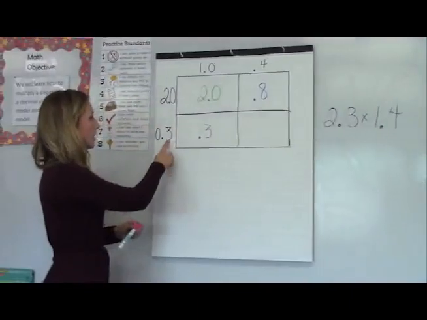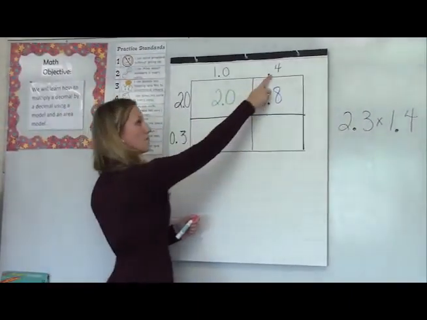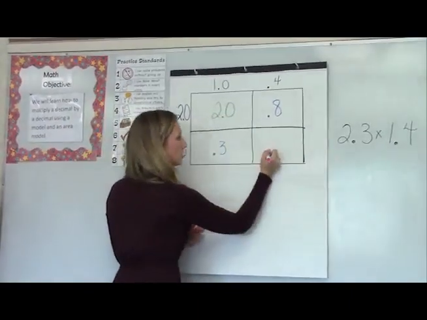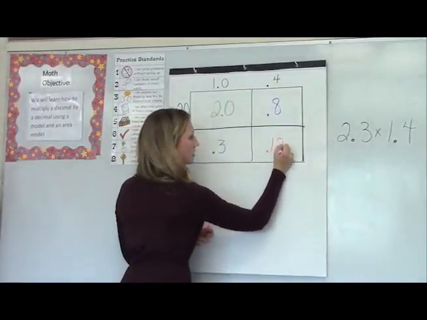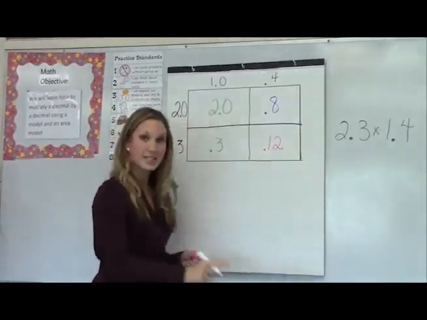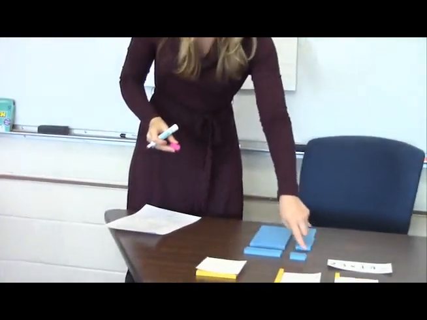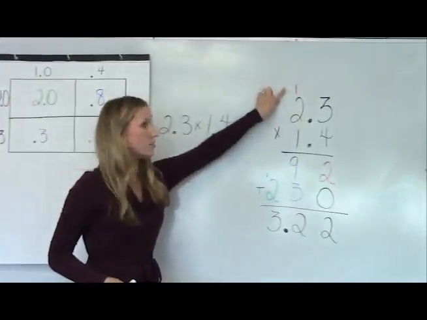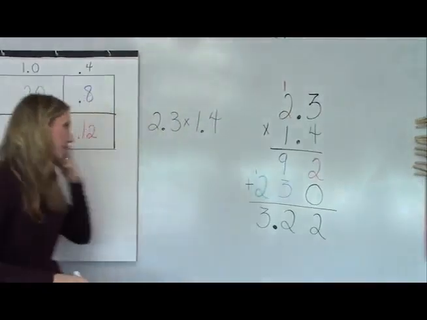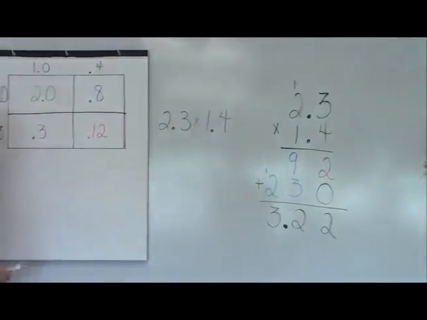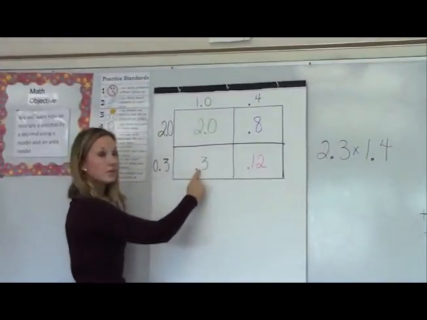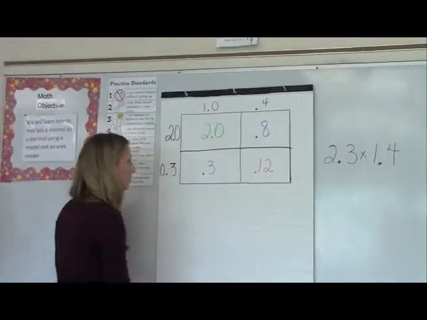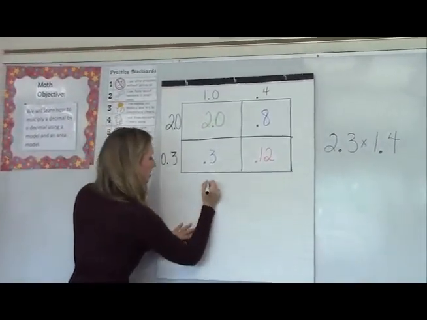Last, I'm going to multiply 3/10 by 4/10, which equals 12/100. Going back to my model, you can see there's my 12/100, as well as my 12/100 is represented here in my standard algorithm. To complete my open array, I'm going to simply add together my 4 smaller products.